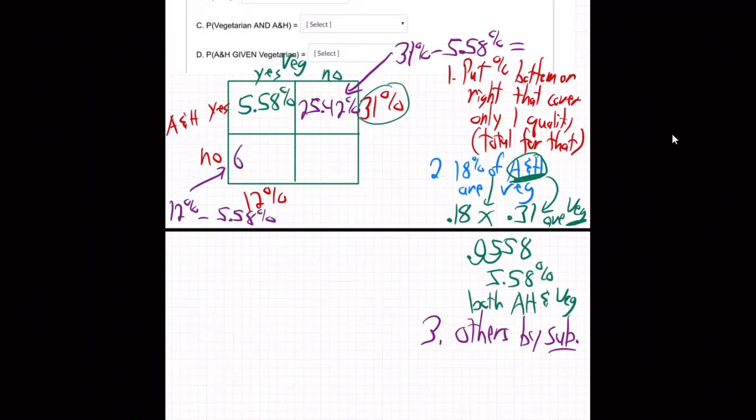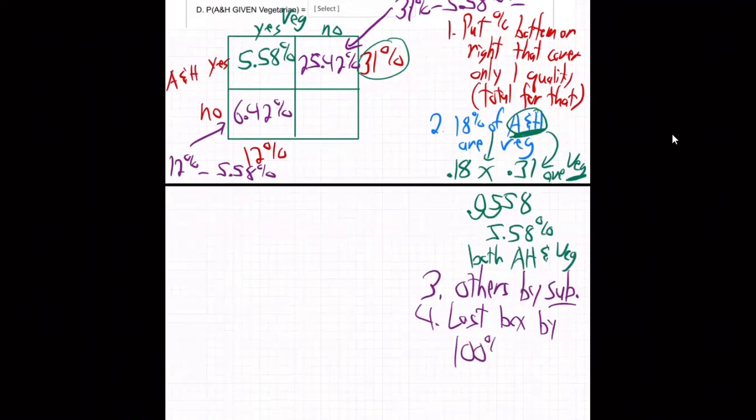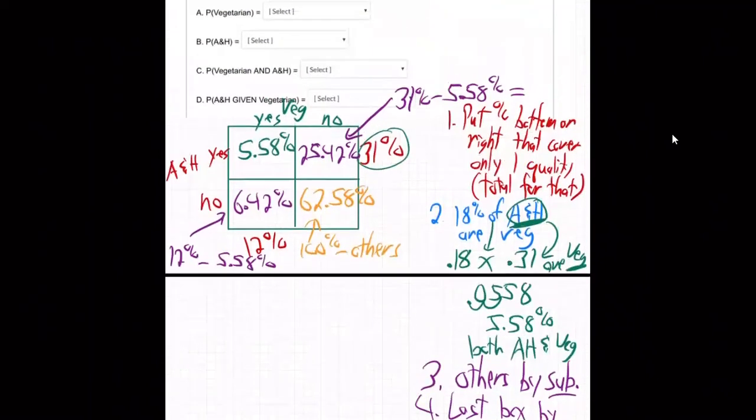I'm getting 6.42%. And then the last box, we can get by 100% minus the others. So I'll go 100 minus 6.42 minus 5.58 minus the 25.42. I'm getting 62.58%.